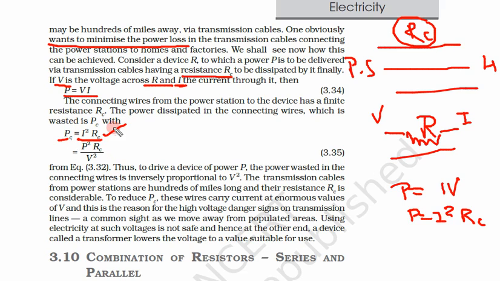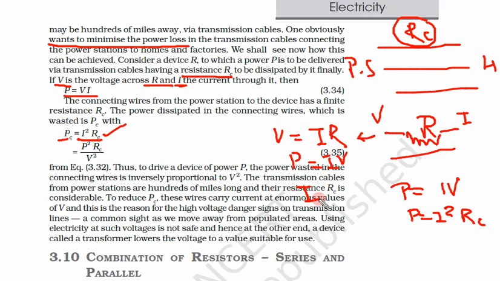When we use a different formula, let us take this. Here we have V is equal to IR. In this device V is equal to IR and P is equal to IV. So what is the value of this I?